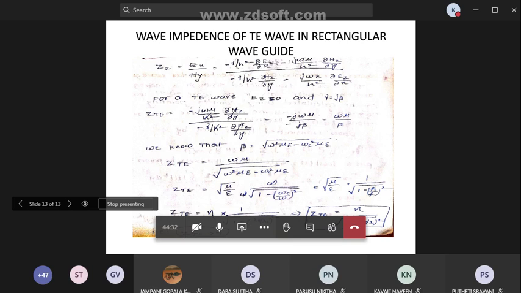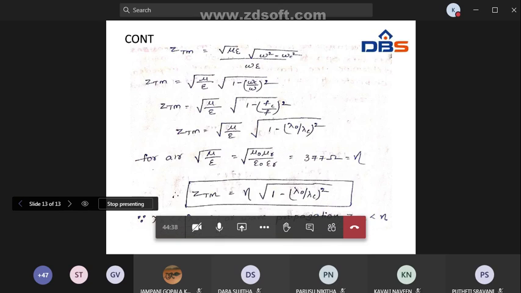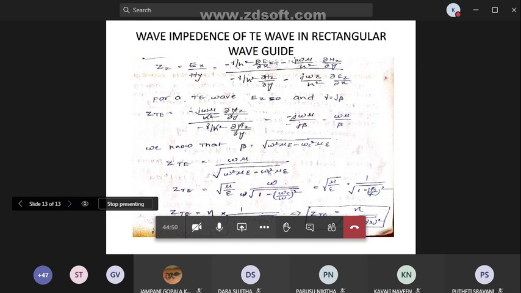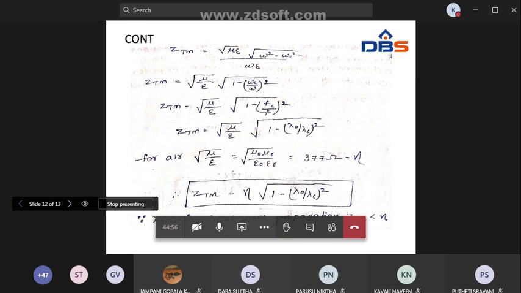Then you will get the wave impedance in TE mode: eta by square root of 1 minus (lambda naught by lambda c) whole square. In TM mode it is eta into square root of 1 minus (lambda naught by lambda c) whole square, and in TE mode it is eta by square root of 1 minus (lambda naught by lambda c) whole square. That is the wave impedance in TE and TM modes.